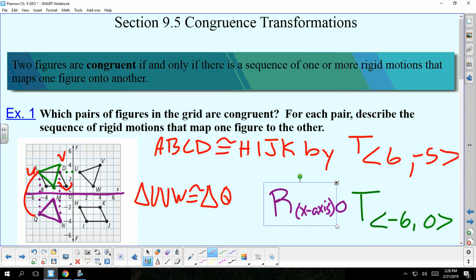And then the V goes with N down here. And then the W goes with N. So we've shown that these two triangles are congruent by a glide reflection, the composition of a translation and a reflection. Now you guys try.